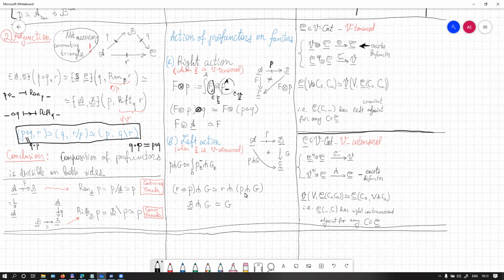So covariant hom, when we fix the first, contravariant variable, and we change only the covariant variable. If it has a left adjoint, then this left adjoint is called tensor.